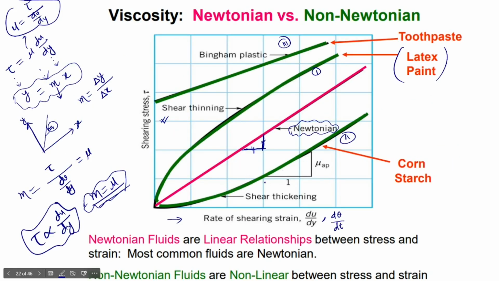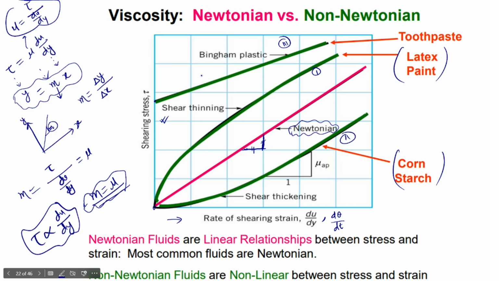An example for this is cornstarch. So we have got to know about shear thinning, shear thickening, and Newtonian. Except Newtonian, all the other curves that you can see here are non-Newtonian fluid flow curves.